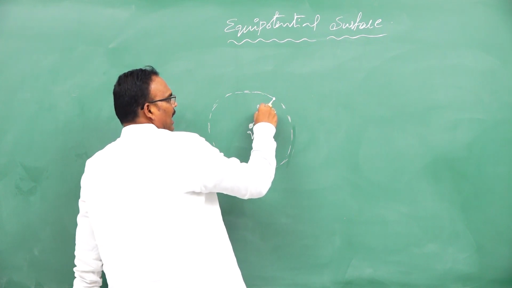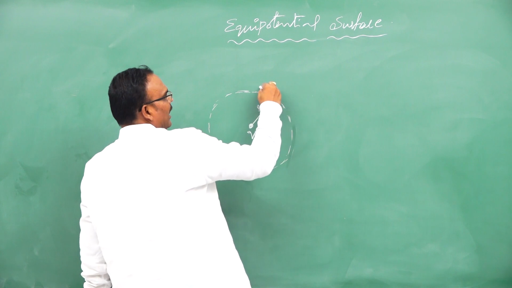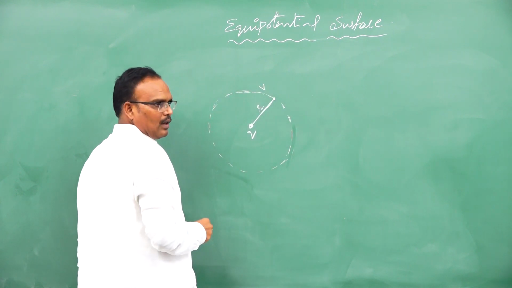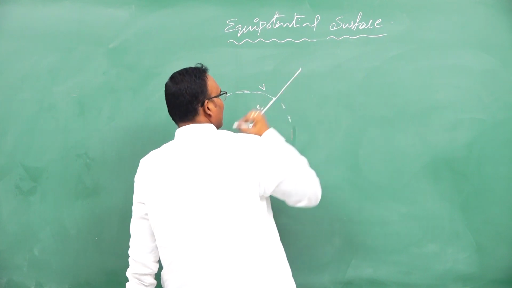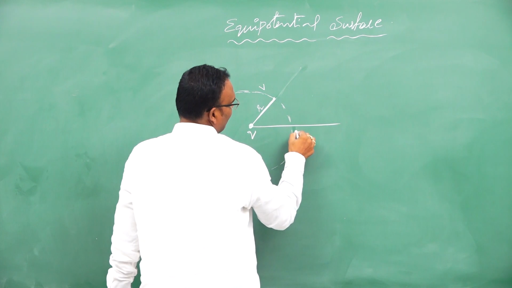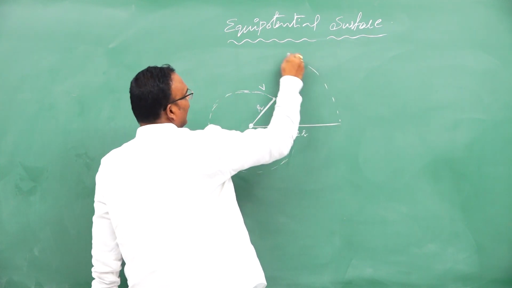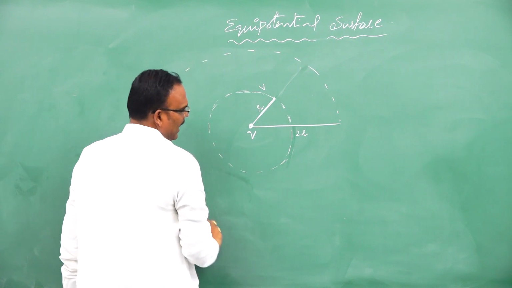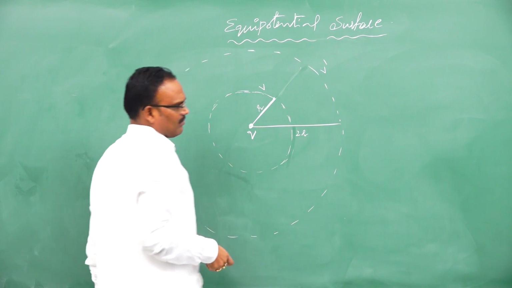For example, I have drawn an equipotential surface at a distance r. Then its potential will be V. If I draw one more equipotential surface at a distance 2r, for example, double the distance, then you again get an equipotential surface which is a sphere. Its potential is V dash.